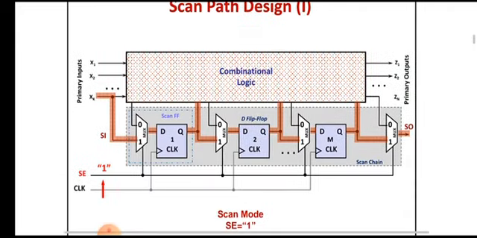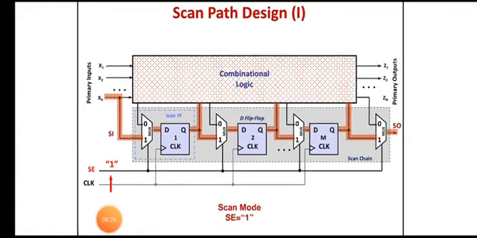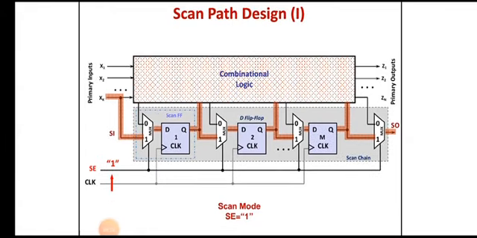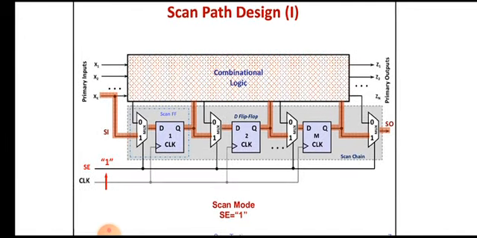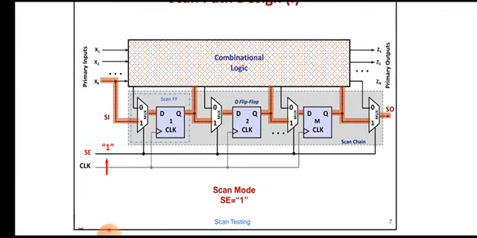Okay, this is scan path design 1. The combinational circuit has primary inputs x1, x2 up to xk, getting the outputs z1, z2 up to zn. The xk input is also an input for the mux, which is a 2:1 mux.